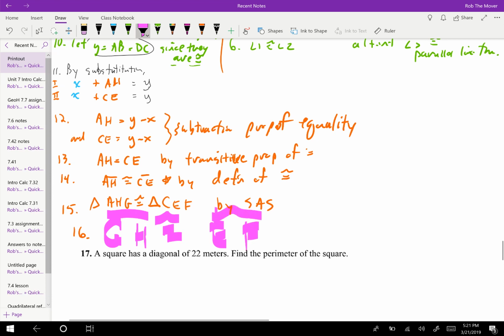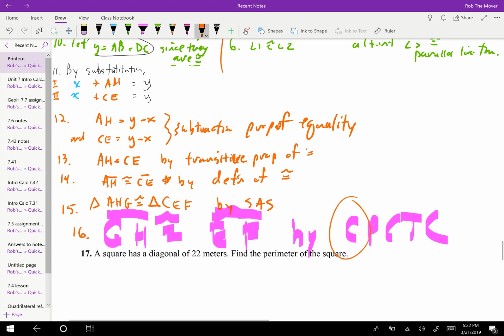By CPCTC. It's a beautiful thing. CPCTC. Congruent parts of congruent triangles are congruent. No. What is it? Not congruent parts, corresponding parts.